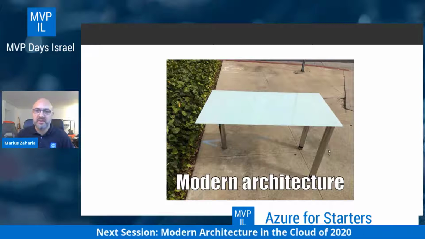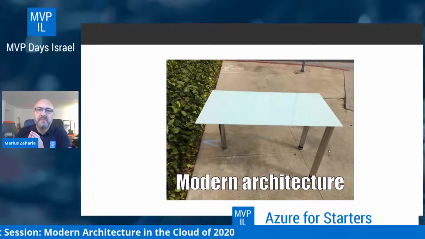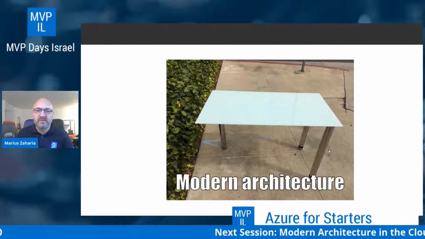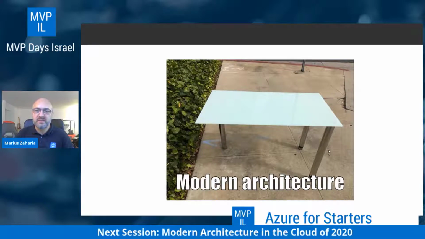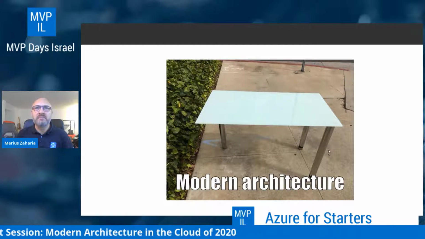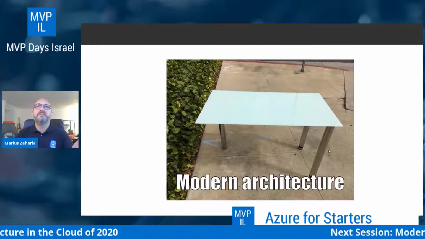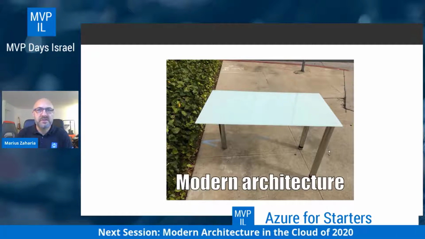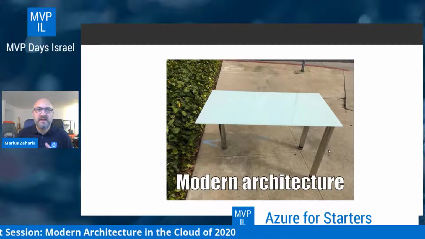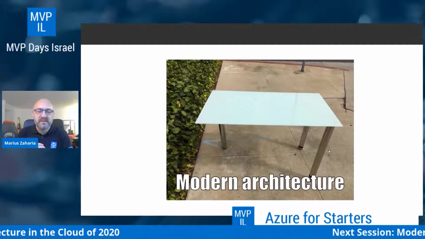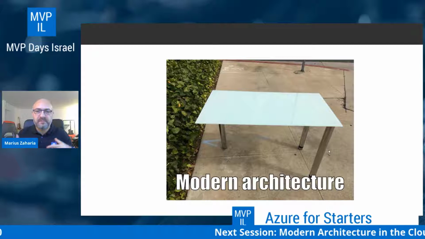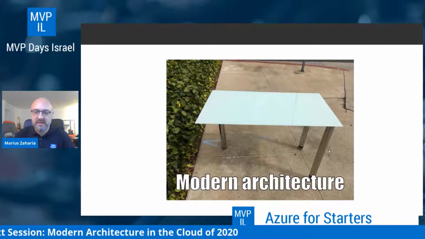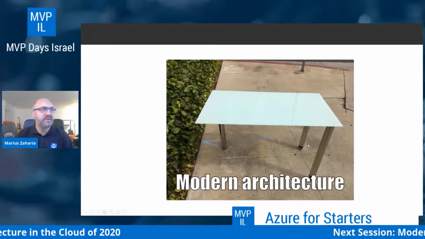It has modern materials, modern pieces, but you have to learn how to work with these modern materials, and also how to assemble and compose them, how to use them in the right context, because this table is somehow in the garden, while it is rather a modern interior furniture piece. This is the message I will try to pass during this session: to understand what the modern pieces of architecture are, and then how to assemble them into your architecture blueprints.